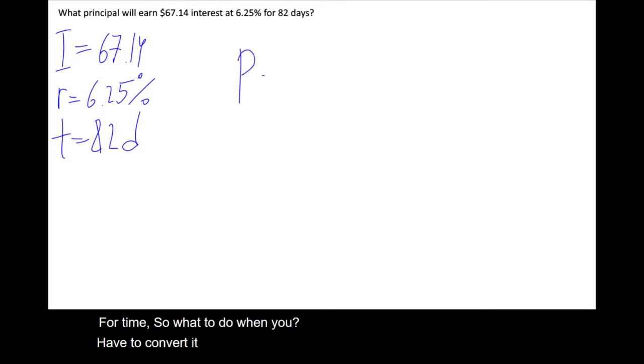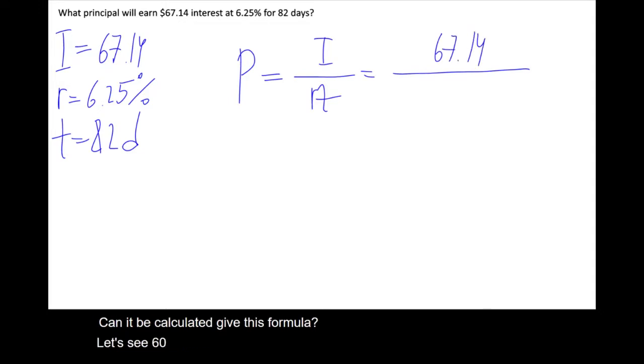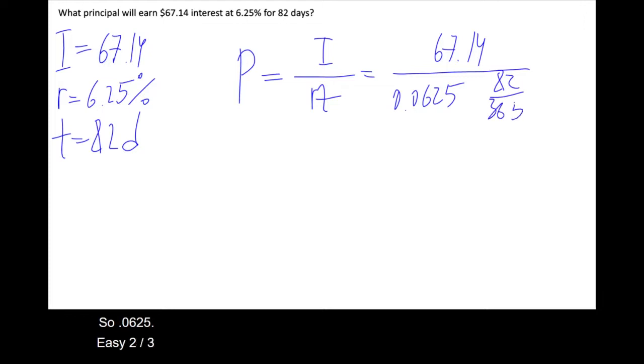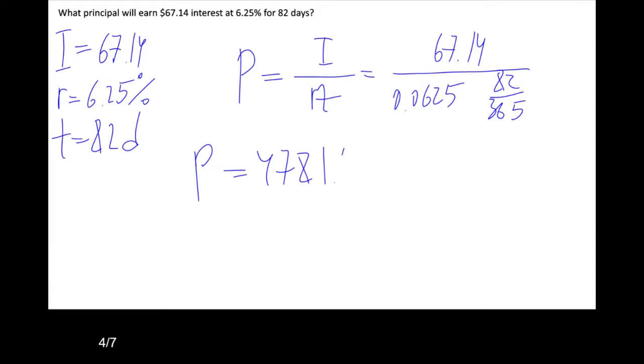So P in this case can be calculated with this formula, and let's see, 67.14 divided by 0.0625 times 82 over 365. So please make sure you know how it's calculated. $4,781.68.